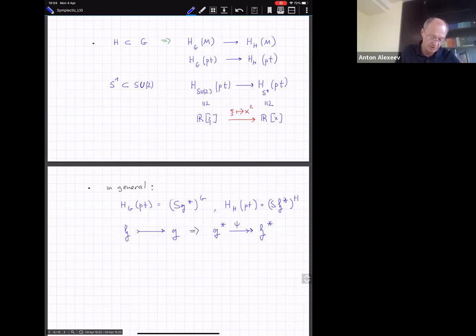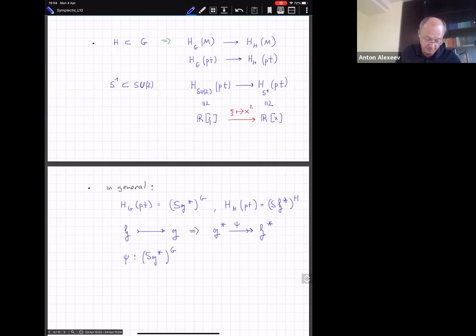So now, if we just apply psi to this symmetric algebra, we're just mapping each of the generators, each of the polynomials, each of the monomials, to H star.